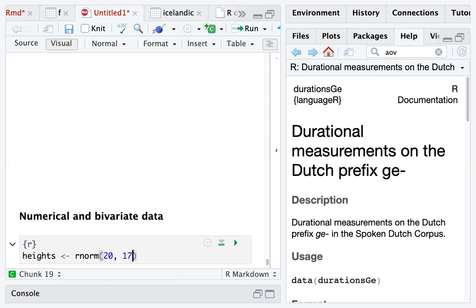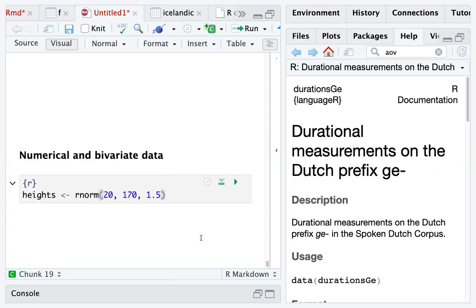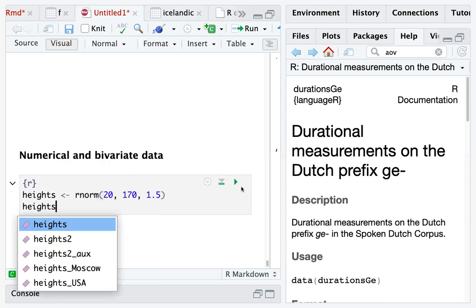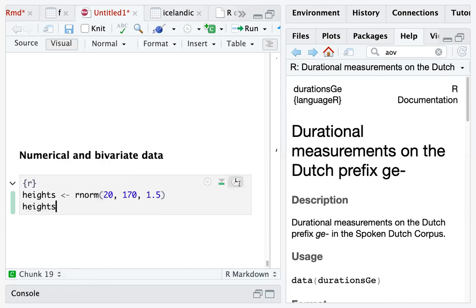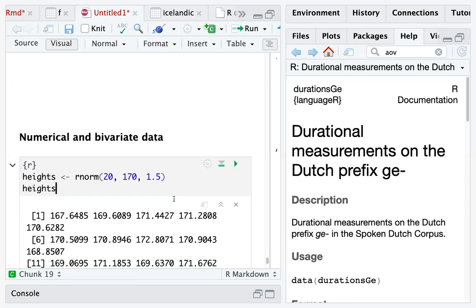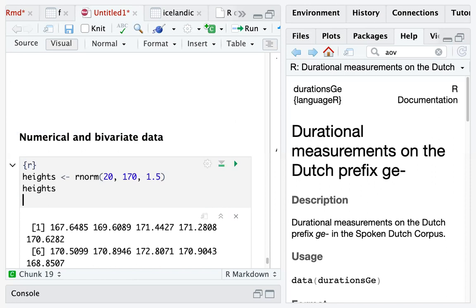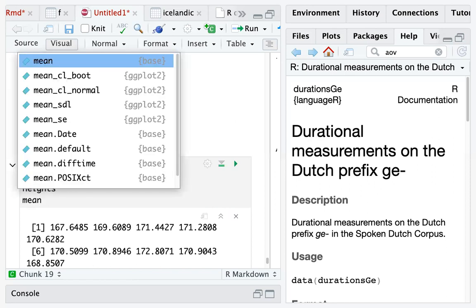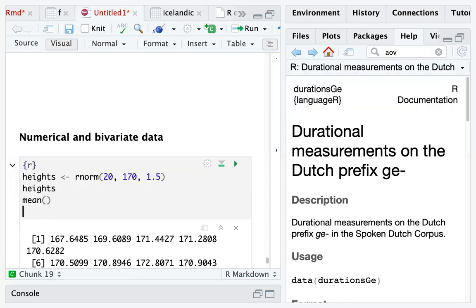The mean, let's say, is 170 and standard deviation 1.5. So this is a numerical variable, and we computed many statistics like the mean and the standard deviation.